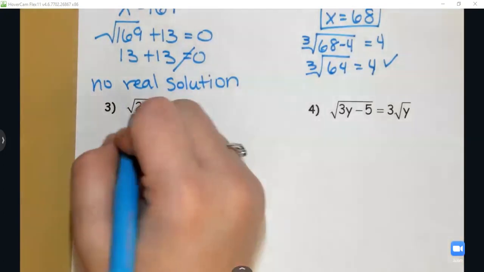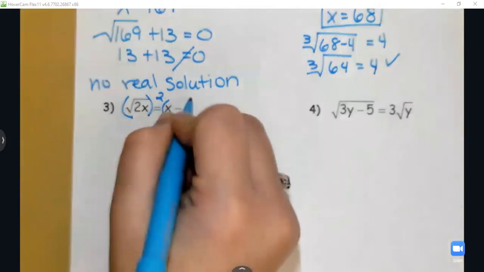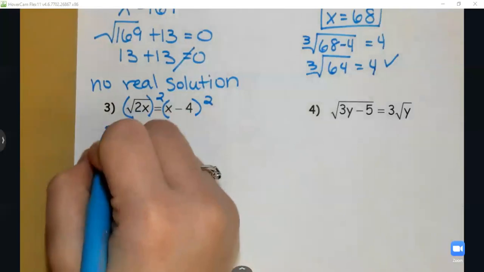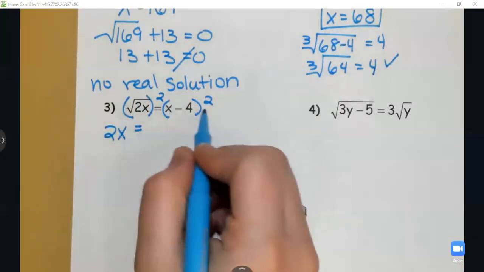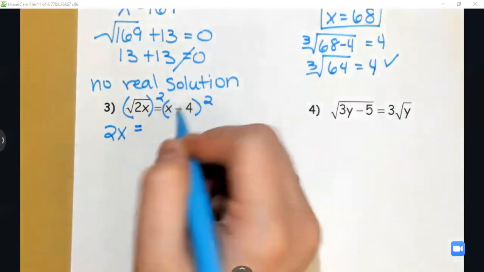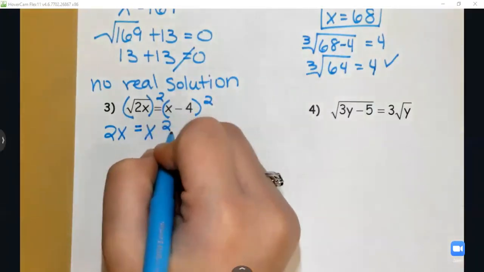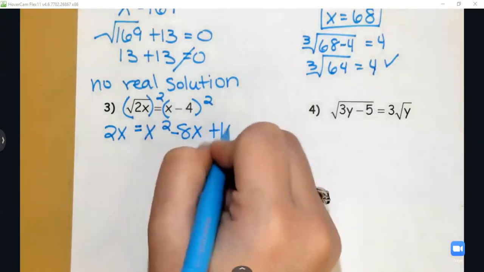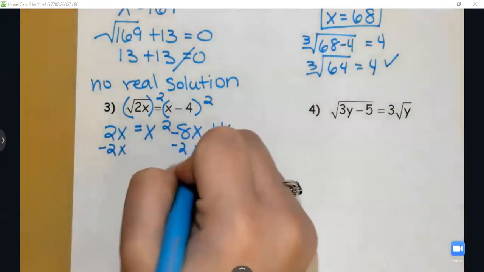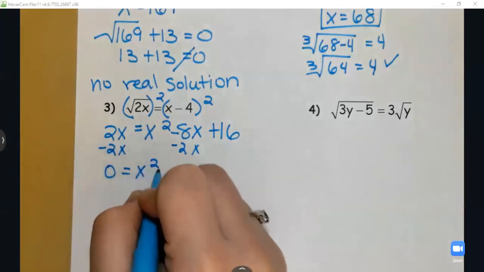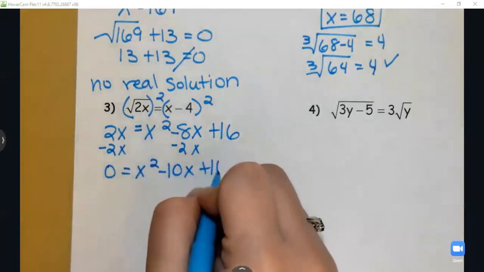On to number 3. I want to get rid of my square root, so I'm going to have to square both sides. On the left, that'll get rid of my radical, but on the right, we're squaring a binomial, so you need to FOIL, don't just distribute. That's going to give us x squared minus 8x plus 16, and I'm going to end up with a quadratic, so I need to move everything to one side, and hopefully I'll be able to factor.